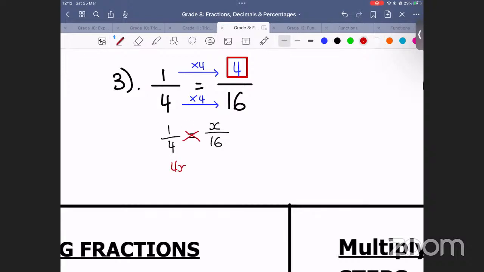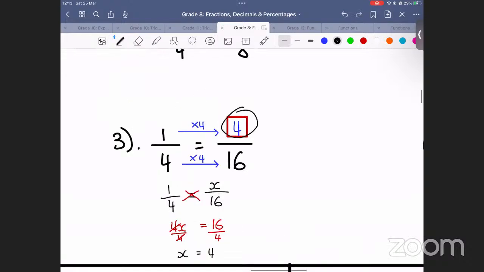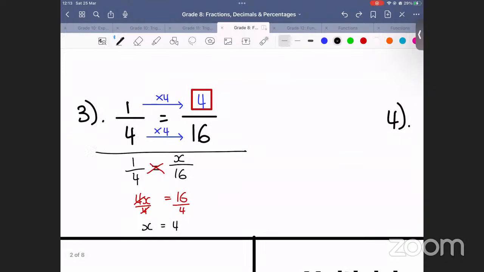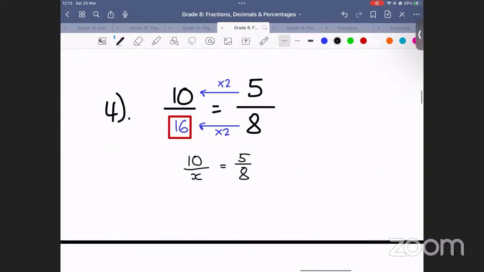So 4 times x is 4x, and 1 times 16 is 16. You divide both sides by 4, and you get x equal to 16/4, which is 4. So that unknown, you solved for it as 4. Like I said, this method is probably more efficient, because when the examples get harder and you're not able to tell exactly what multiplication or division was done to a particular term, it would be easier.